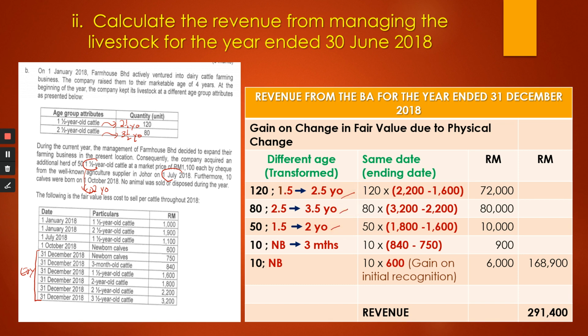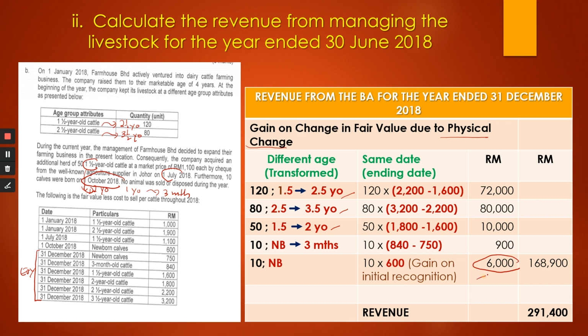And the newborn calf that was born on 1st of October 2018, after 3 months, on 31st of December, will grow to become 3 months. And when you calculate gain on physical change, do not forget to include what you have calculated earlier on the initial recognition.